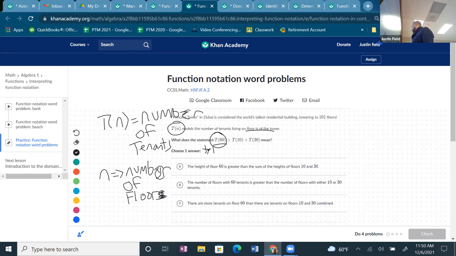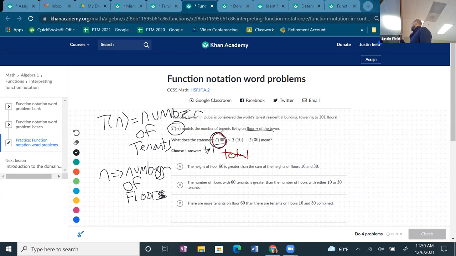I will use my annotate. This is the total tenants on floor 60.